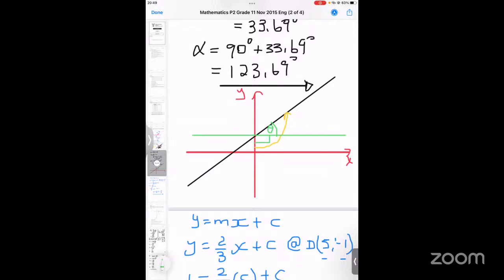Yes, sir. So the angle in yellow, which is alpha, will therefore be 90 plus the angle of inclination. It's the combination of those two. It's like we have one angle and we cut it into two parts. The first part is 90 and the other part is the angle of inclination. When you combine them, it is that alpha.